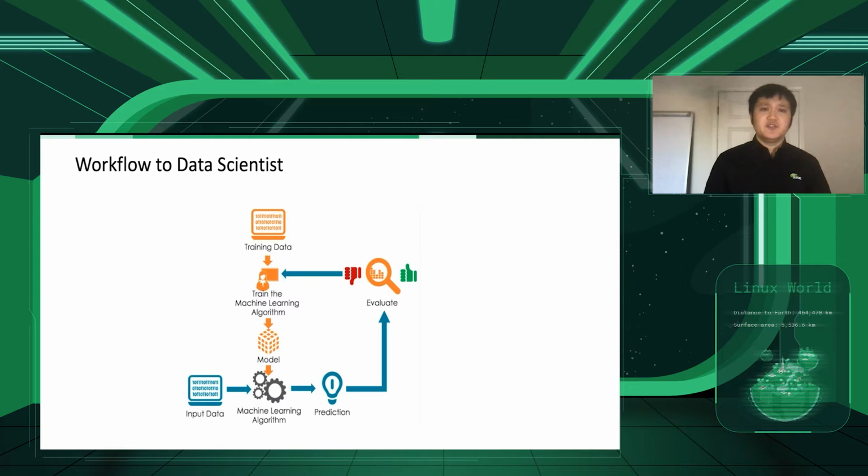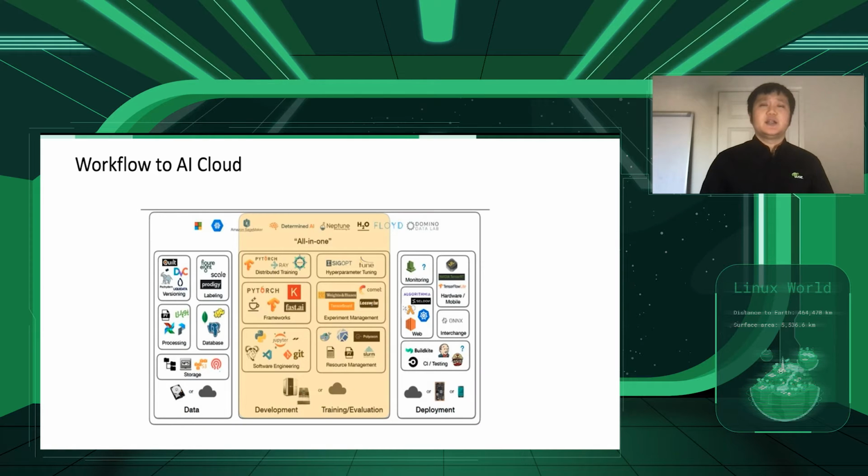However, it's quite different if you use it inside a company across different teams. You need to think about a lot of other components together, like testing, CI/CD, data management, and so on.